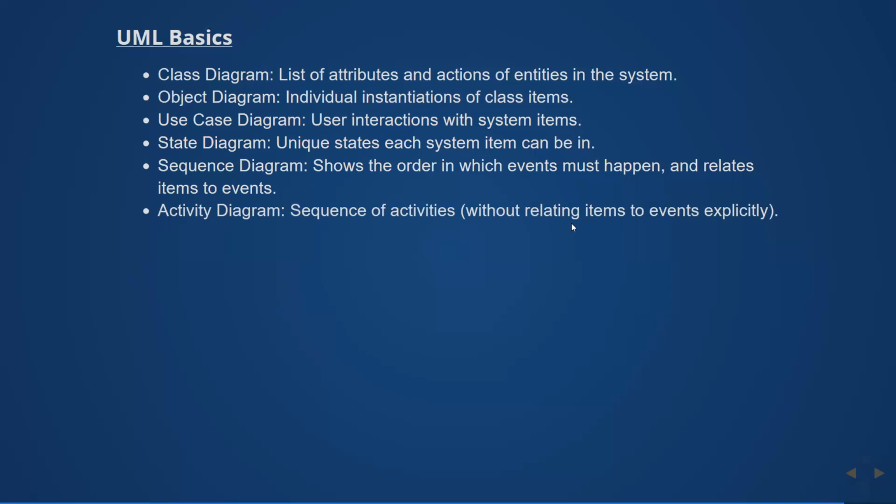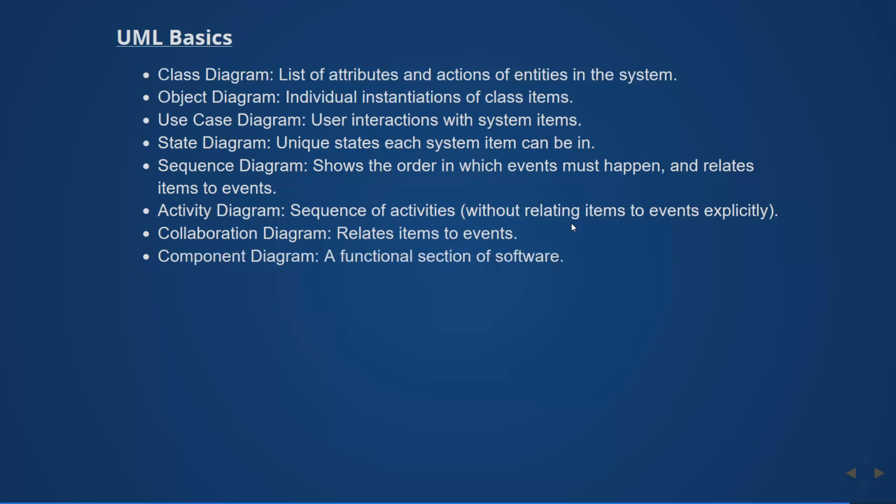The difference between those is that sequence diagrams show an order, while activity diagrams show a sequence of actions. And then a collaboration diagram relates items to events, with the physical or logical stuff, with what actually happens.